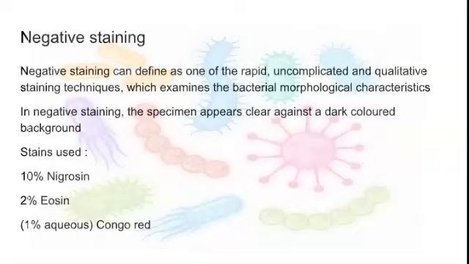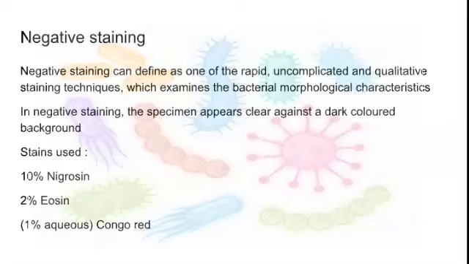Next is negative staining. That is otherwise called indirect staining. In this, what happens? It is one of the rapid, uncomplicated and qualitative staining methods which examines the bacterial morphological characteristics. So the specimen appears very clear against a dark colored background in this negative stain.